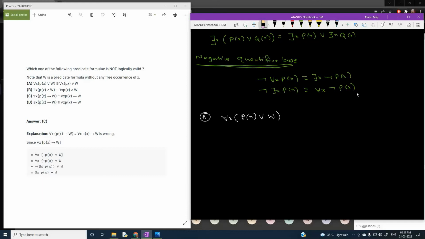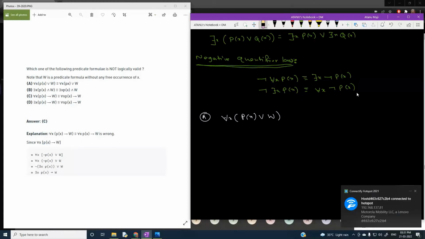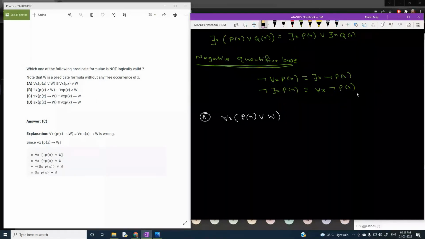So that's why here this for all x will be applicable only for the proposition px.